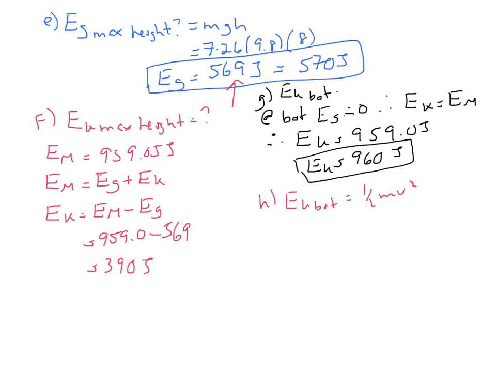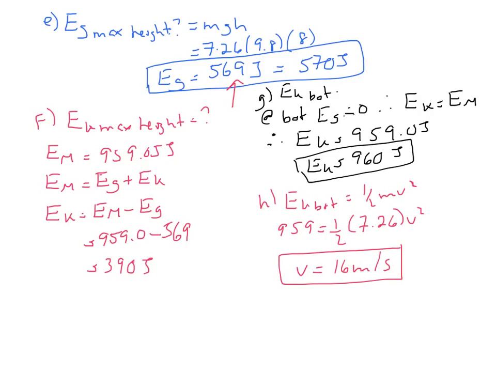We know EK bottom is 959, equals 1/2 times 7.26 times v squared. You rearrange, you get a v of 16 meters per second. No direction because we're talking about energy.